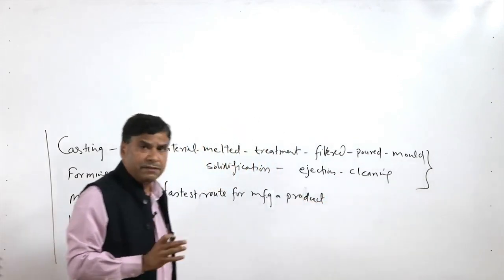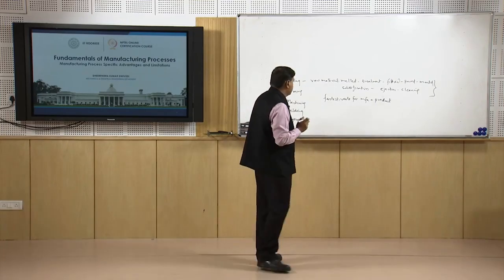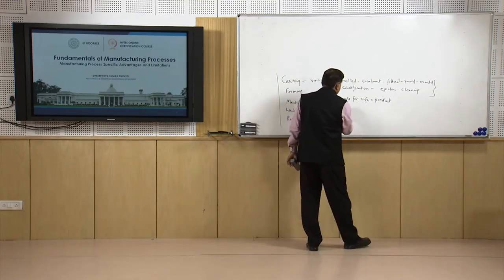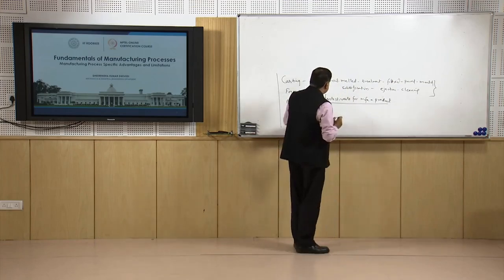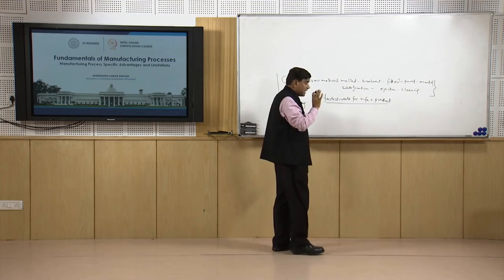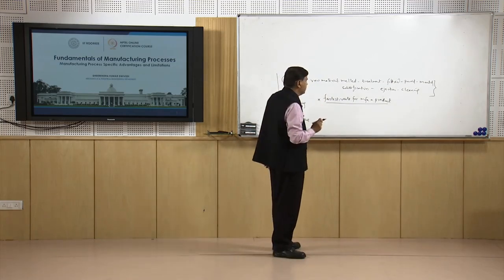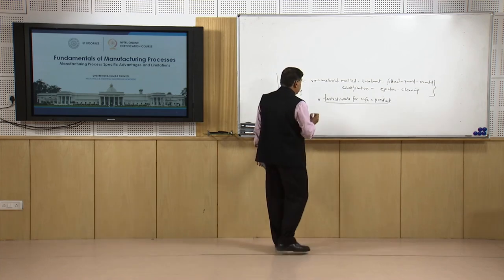But the surface finish and the tolerance achieved by this process are not good. This is the fastest route, because we melt and we get the desired size and shape, but the finish and the tolerance achieved are not very good.